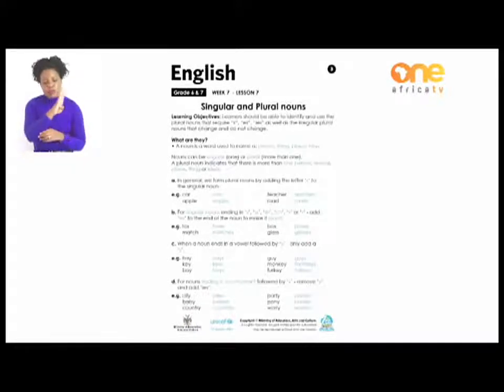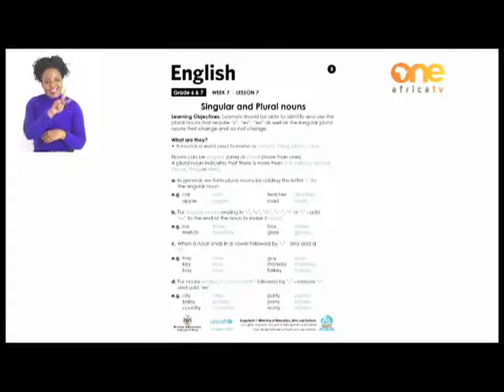When a noun ends in a vowel followed by Y, only add S. For example, 1 tray, 2 trays, 1 key, 2 keys, boy, boys, 1 guy, 3 guys, 1 monkey, 10 monkeys, 1 turkey, 2 turkeys.